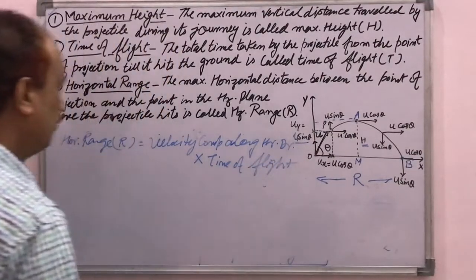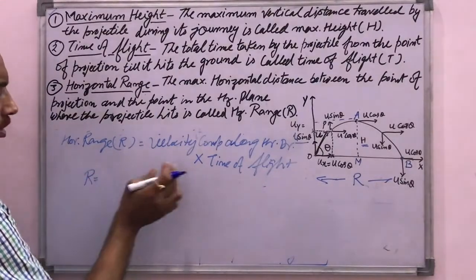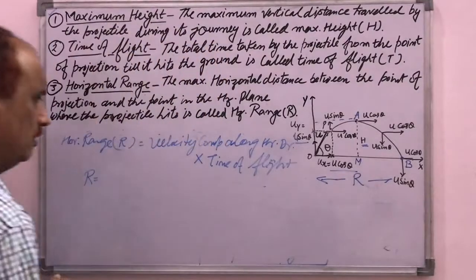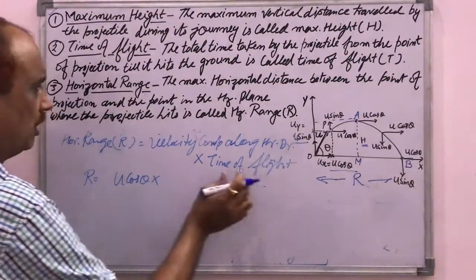This is the formula to find the horizontal range. Now R will be equal to, the horizontal direction component is u cos theta, so R equals u cos theta into time of flight.